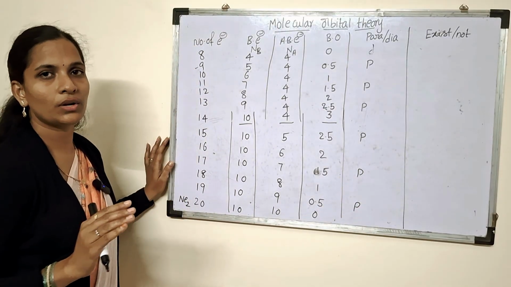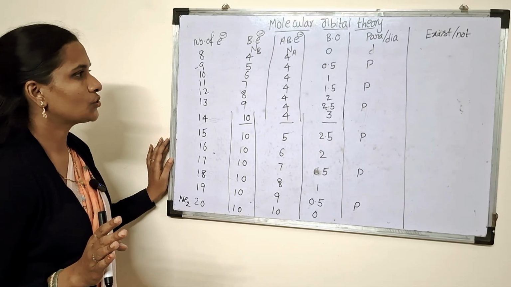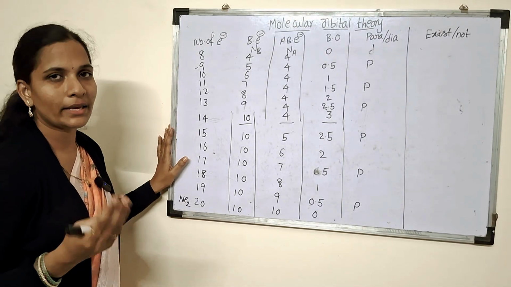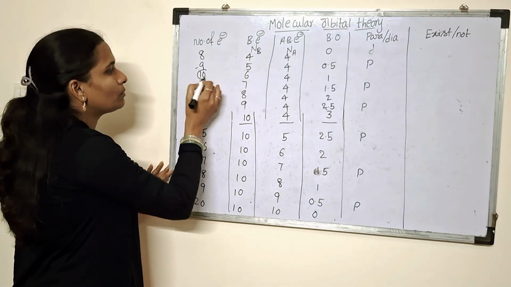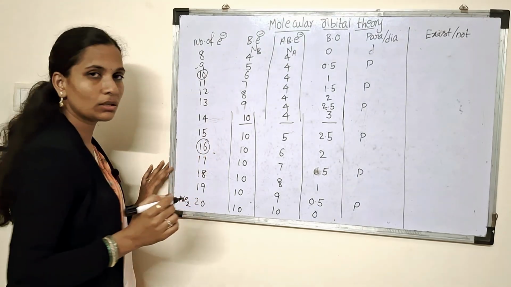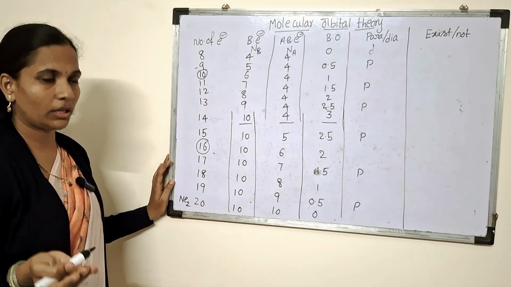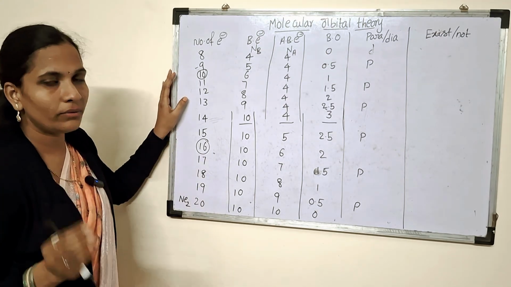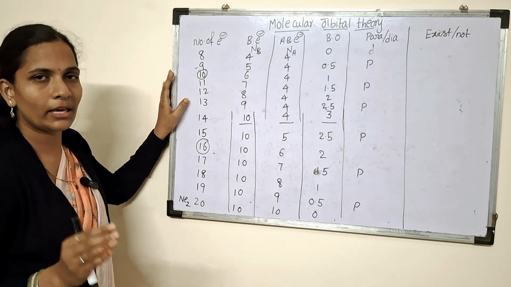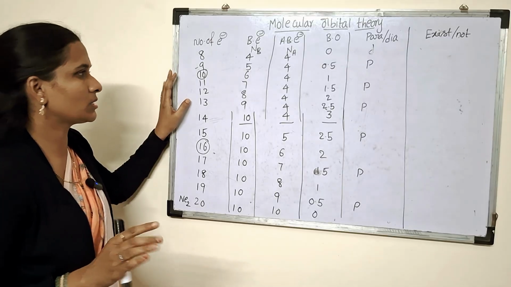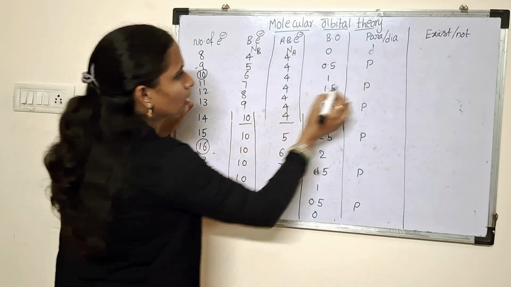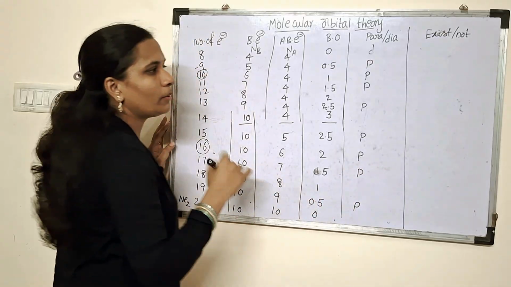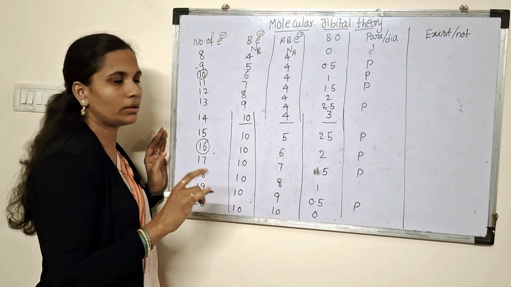So all odd numbers of electrons give the paramagnetic nature, and even numbers of electrons are diamagnetic only, except 10 comma 16. All even numbers of electrons are diamagnetic except 10 comma 16, which are paramagnetic. The remaining even numbers are diamagnetic.